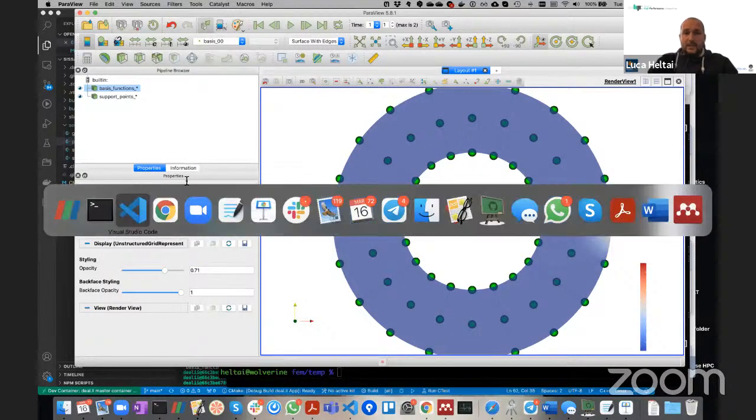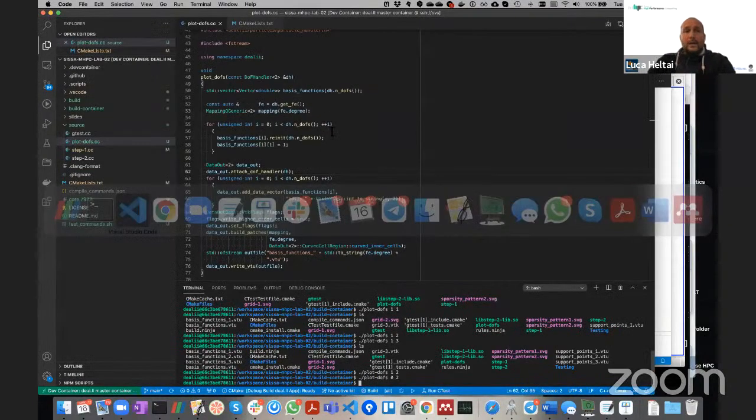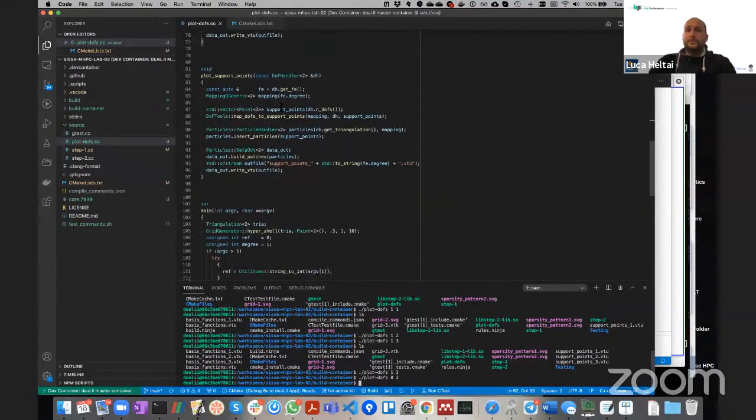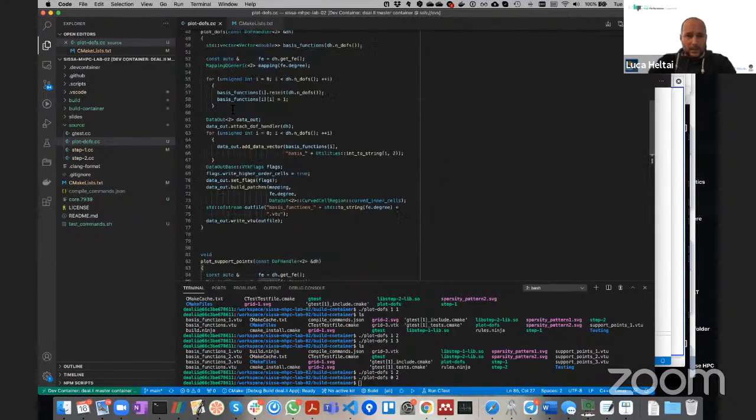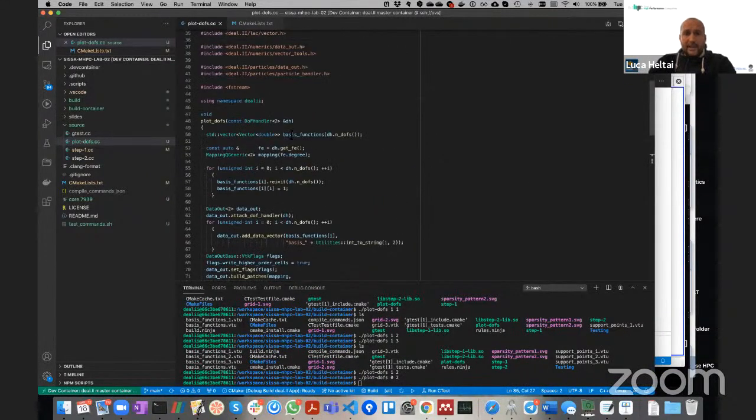The way that I generate this is by simply looping over, creating a vector of R^n in a certain sense, and this vector of R^n is here. It's the vector of basis functions. And this vector of basis functions is plotted then. And what I'm doing here is that for each one of these vectors, I simply set it to 0.